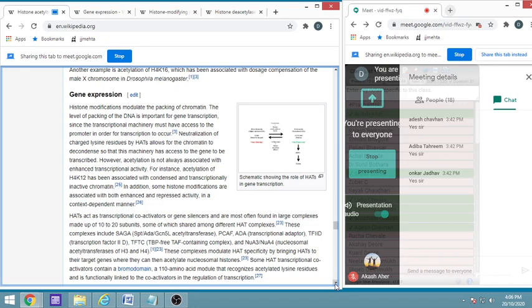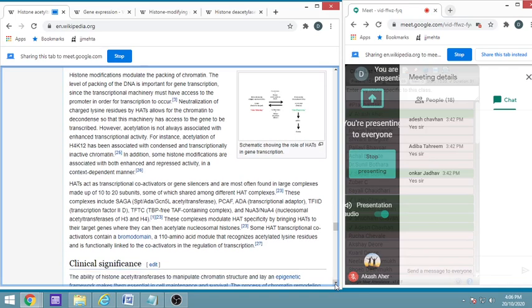They also include many other proteins and activating factors which play a role, and they all modulate histone acetyltransferase activity by bringing HATs to the target genes, where they can acetylate the nucleosomal histones. Some HAT transcriptional co-activators contain a bromodomain, as we discussed earlier, and because of that they initiate the activity.